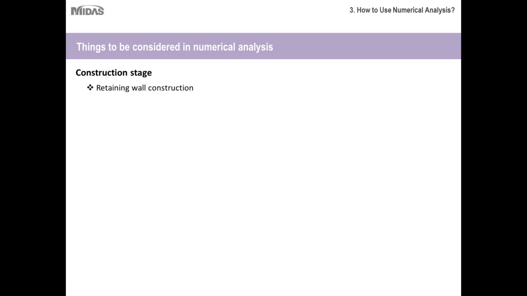I've been talking for the last half an hour about how construction stage analysis is very important for numerical analysis. Now I'll tell you how to simulate this construction stage analysis and what points should be kept in mind. Basically, when you are constructing a retaining wall in a sequential format, you should always start with an initialization stage as your first stage.